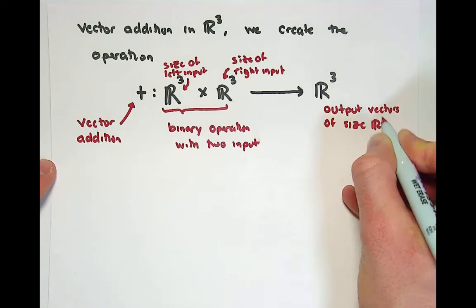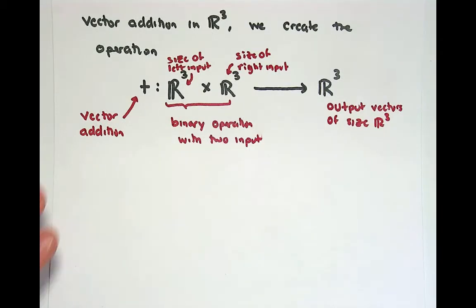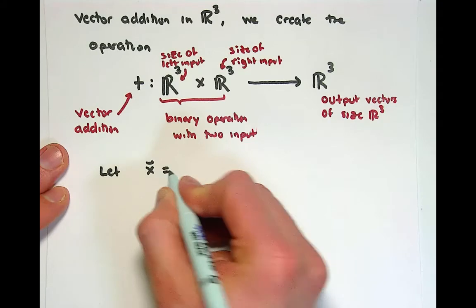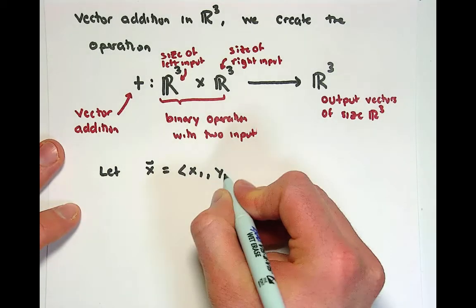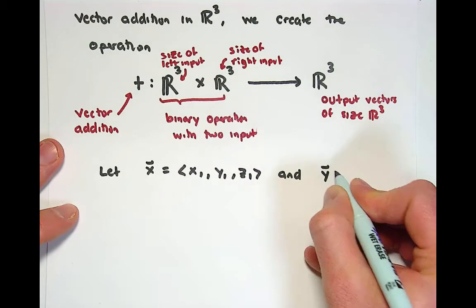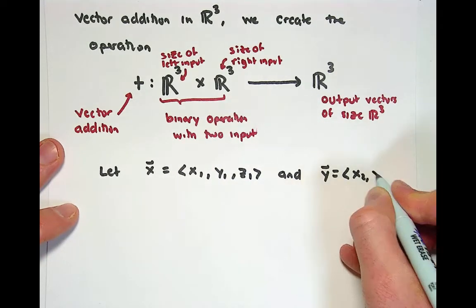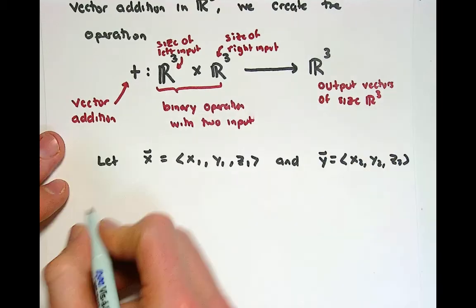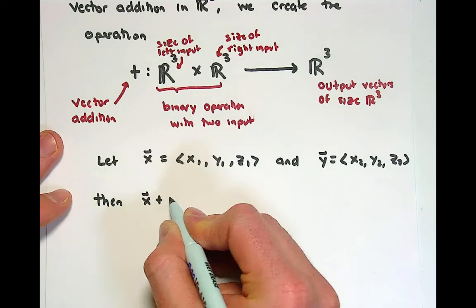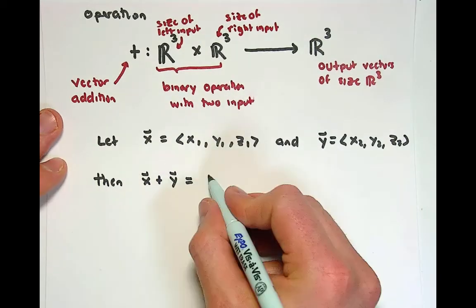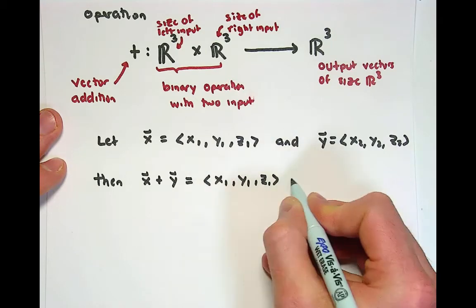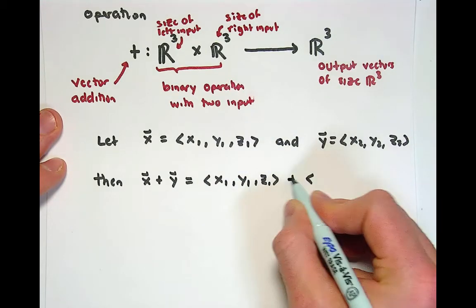Okay. With this being said, if we let the vector x be equal to x1, y1, z1, and the vector y be equal to x2, y2, z2, we define the sum of these vectors, x plus y, using the component form that we saw previously.